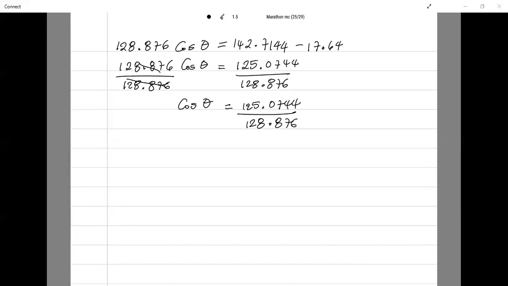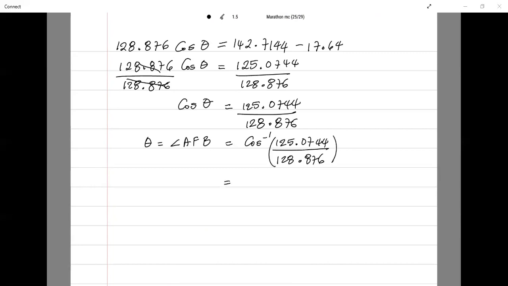Now, if I wanted to, I could work this out and write the answer to 3 decimal places, or I could keep it and say that theta, which is angle AFB, is equal to cosine inverse of 125.0744 divided by 128.876.